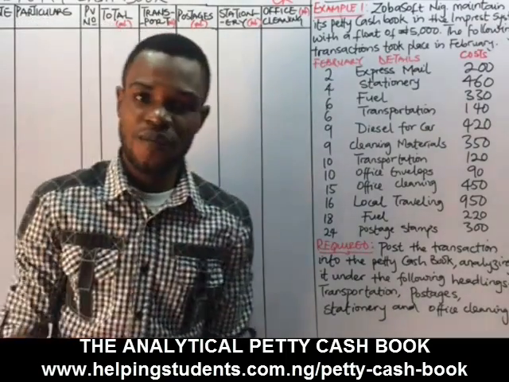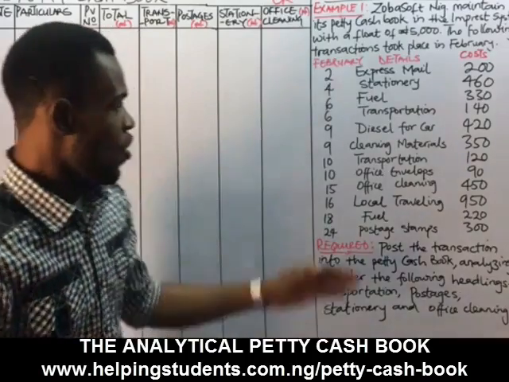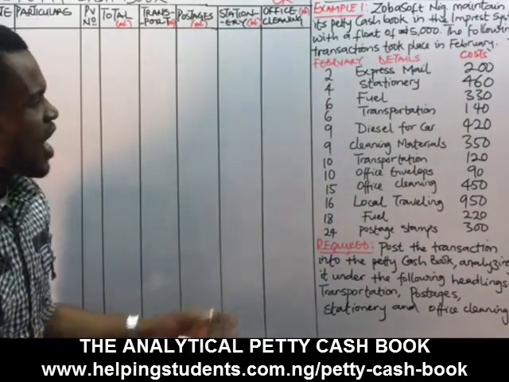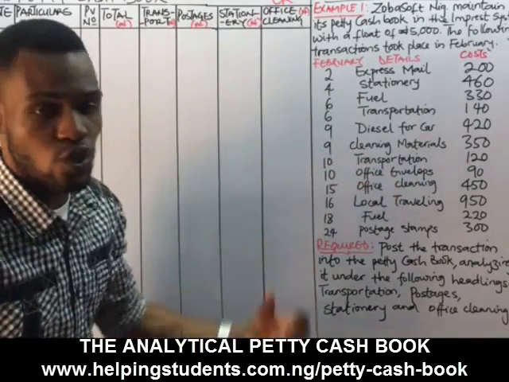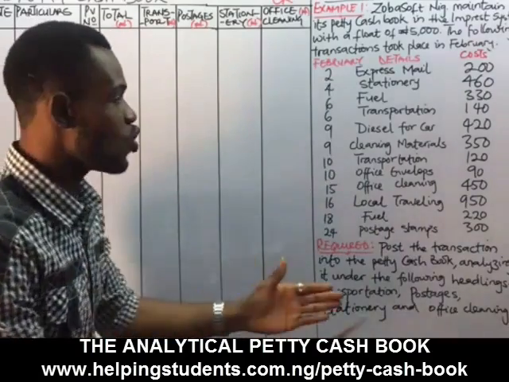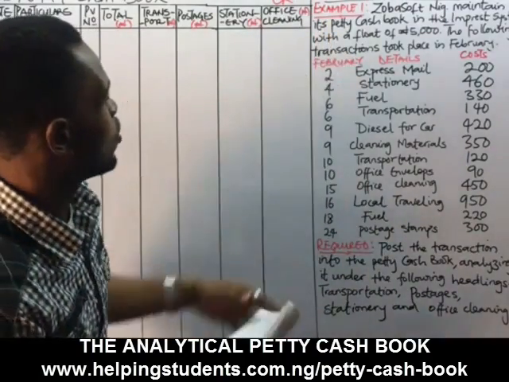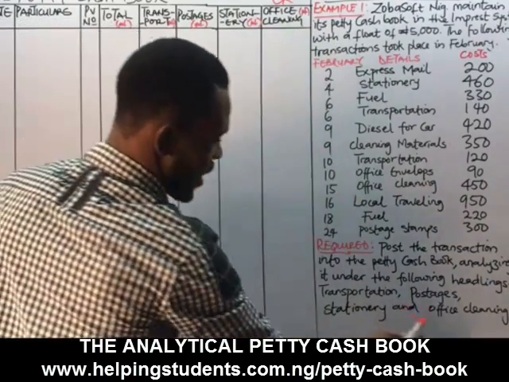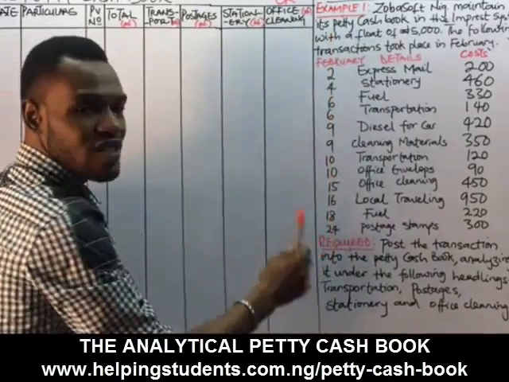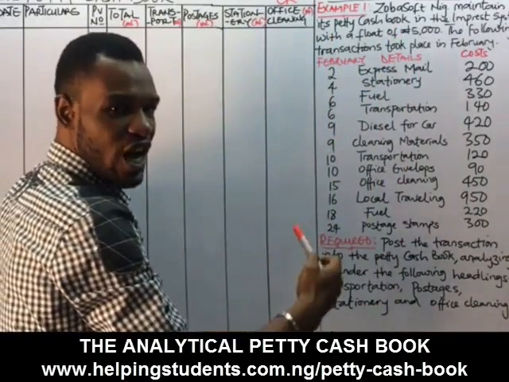Okay? But there is something else you need to know. In answering a question again under the petty cash book, read through the question where you are asked to enter into the cash book. If you happen to see a name of someone, for instance, E.A. Adeboye or S. Ifeanyi and so on, what you have to do is to open two more columns. After the office cleaning, which is the last one we have here, you will have one more column titled the ledger number and another column titled the ledger account.